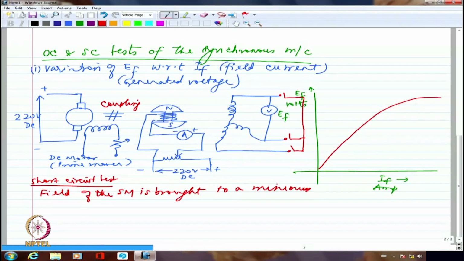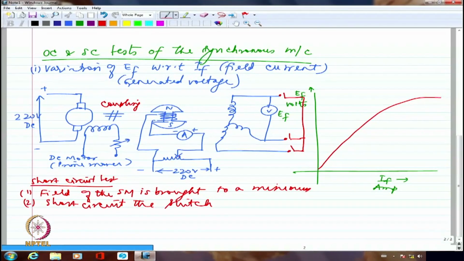After open circuit test is done, we will keep the switch open, do the open circuit test. After open circuit test is done, what we will do actually is to minimize the field current of the synchronous machine. So after minimizing the field current of the synchronous machine, then short circuit the switch, or close the switch to short circuit the armature terminals.